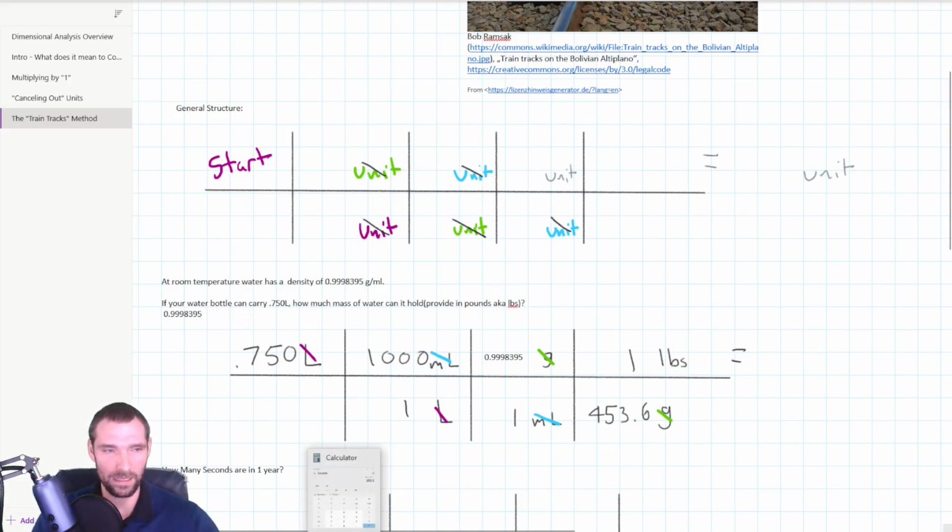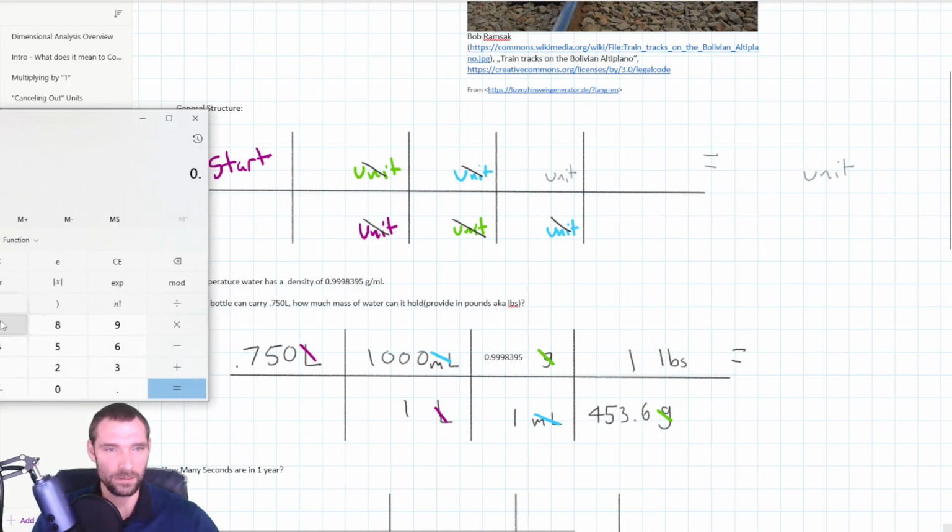So if we did this math problem, we've got the 0.75 times 1,000. And then that times 0.998395. Okay, that's going to be that number. So we've got that to here. Now we need to divide that by 453.6.